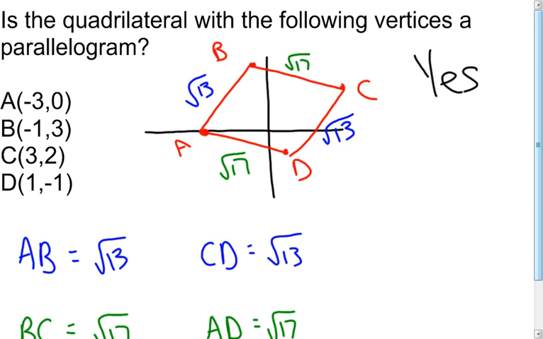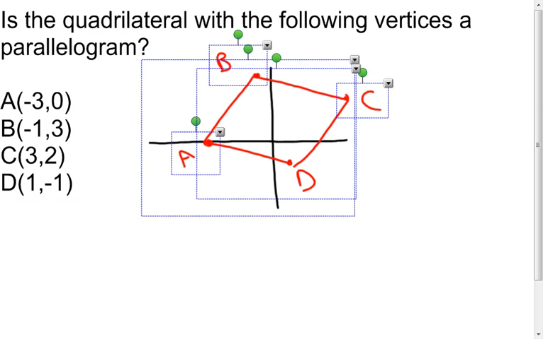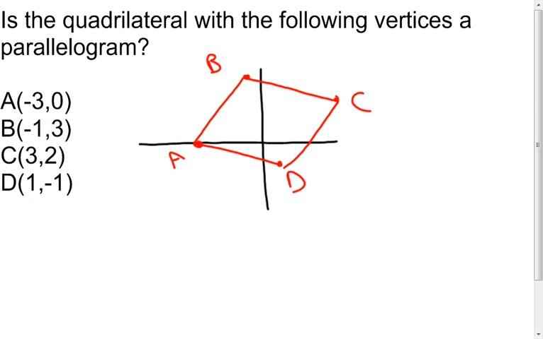And then I'm going to look at one more method to do it. In this one, I'm going to use the theorem that says if both diagonals bisect each other in a quadrilateral, then it's a parallelogram. Well, to do that, I'm going to look at this diagonal and this diagonal. Those are the two.